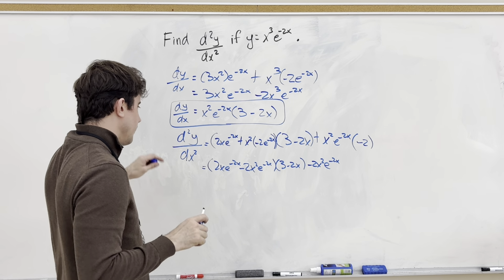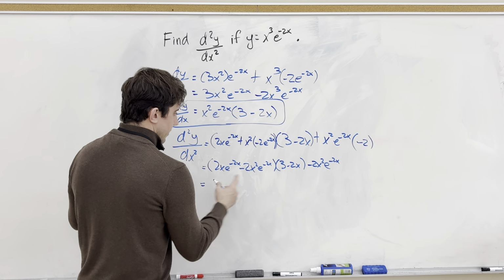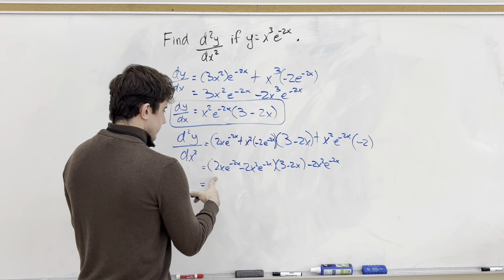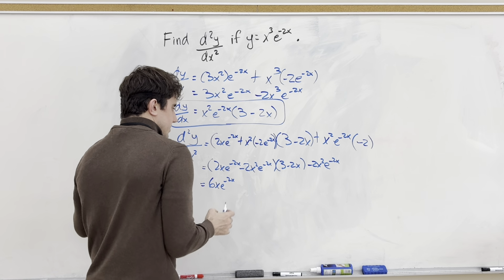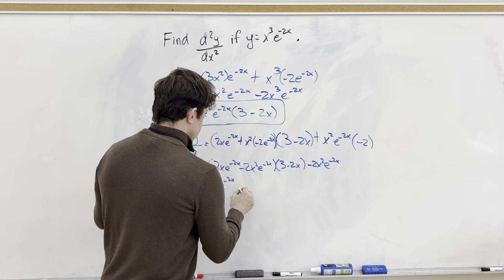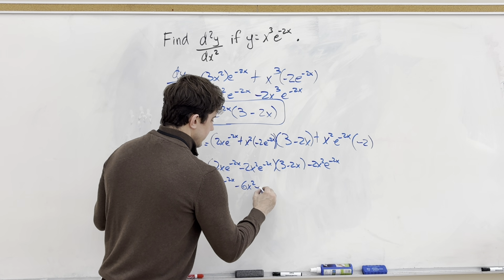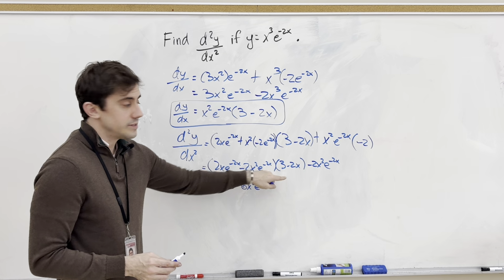And now we're going to have to multiply through this somewhat. So we'll have 3 times, so that's going to be 6x e to the negative 2x minus 6x squared e to the negative 2x, right? Multiplying both of those by the 3.